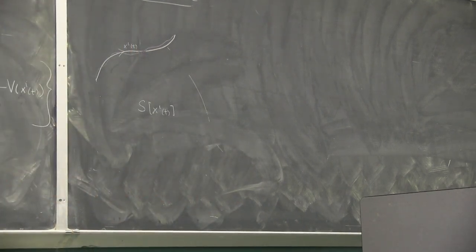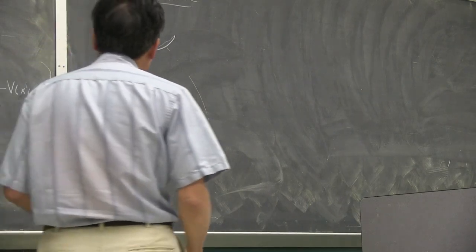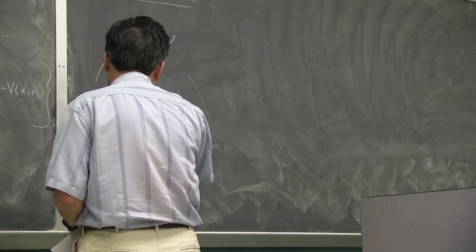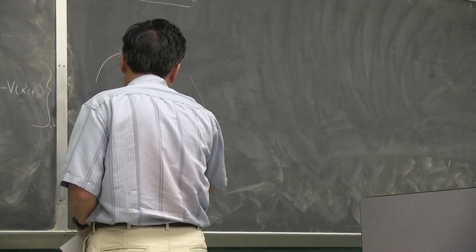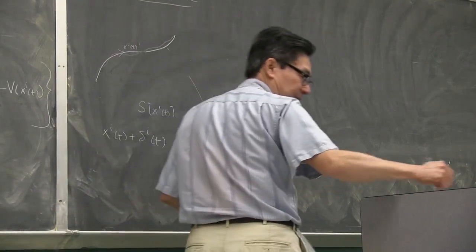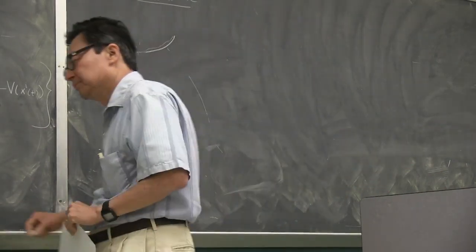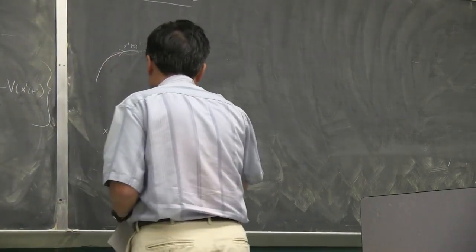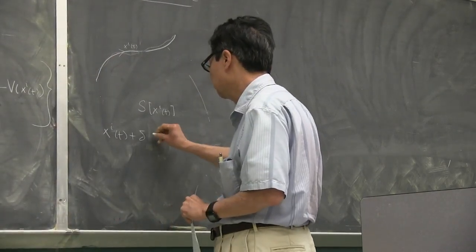And I am going to write the new path as xi of t plus a small thing. Delta, I should write delta xi, not delta I. Delta xi is the slight change in xi, okay?